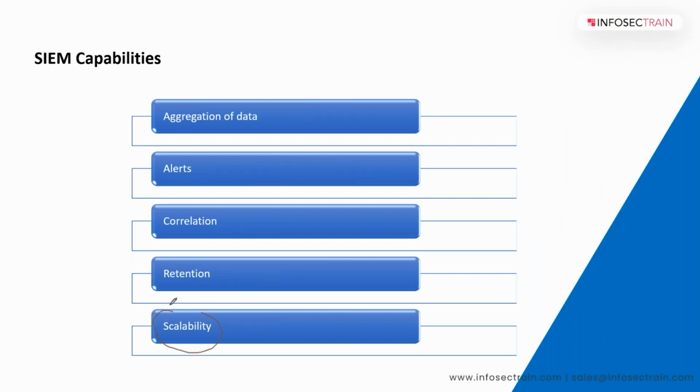Then we have scalability. Now, scalability is what? It is going to enable an organization to adapt its deployment method when facing any unexpected event, or when multiple logs are being generated or collected. So what we are going to do, we are going to scale those logs. Okay, and how are these logs being scaled? With the help of the SIEM architecture.